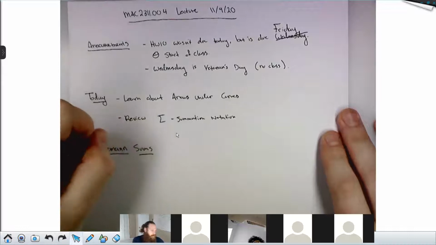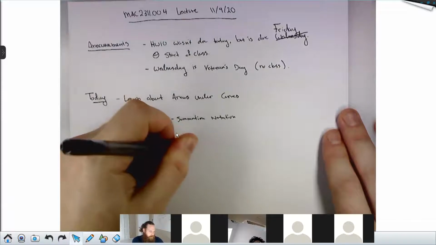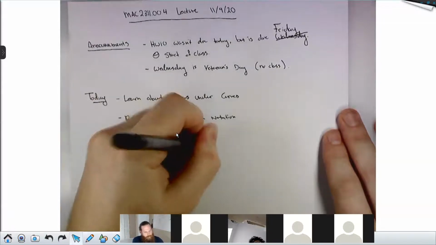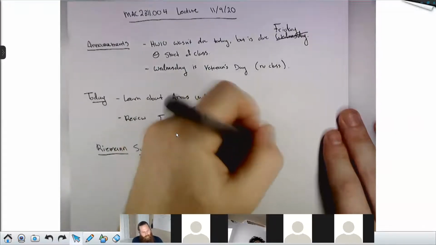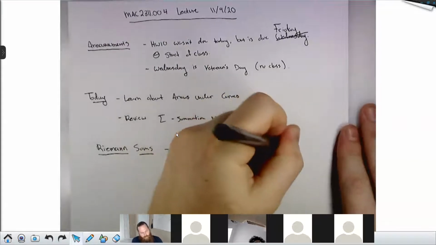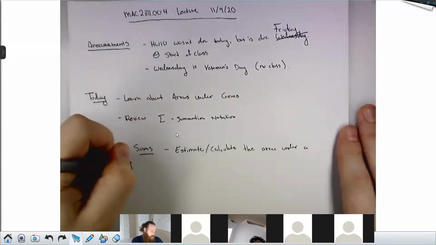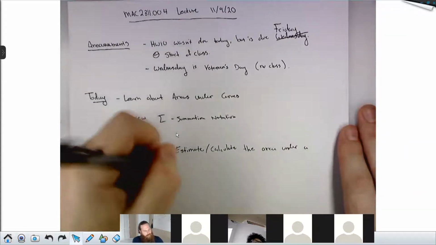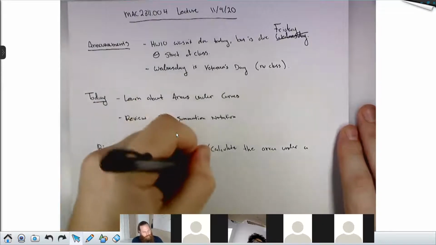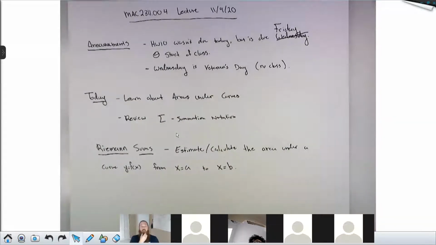And these are the tools that we use to estimate and eventually calculate the area under a curve, like the area under a graph y equals f of x, usually from some point to some other point. Okay.